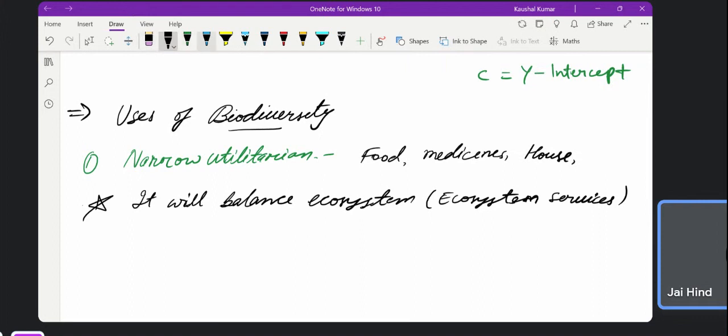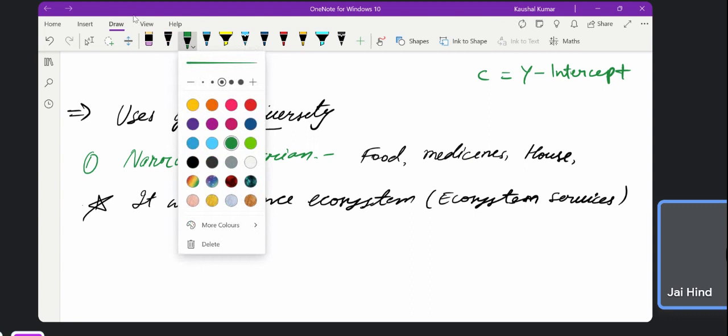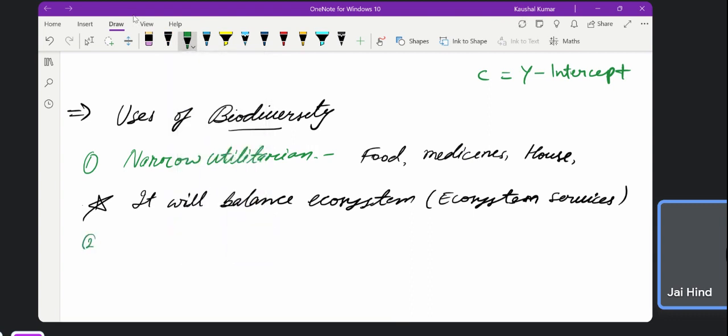And the second thing, after narrow utilitarian, you can use the biodiversity in terms of production, like manufacturing new furniture, manufacturing new paper, vehicle manufacturing, or producing fuel for complete big huge cities.